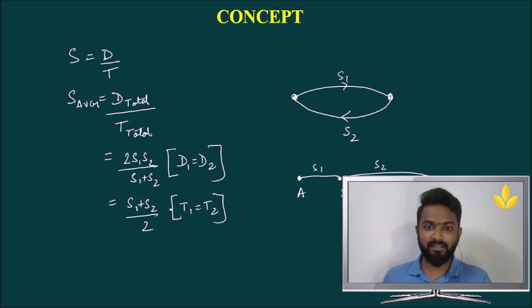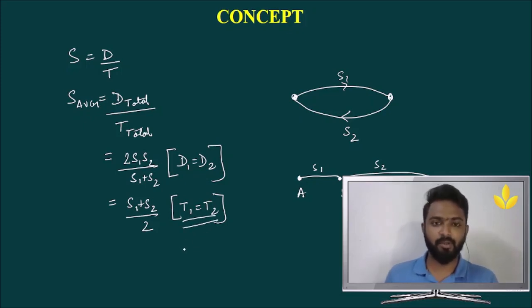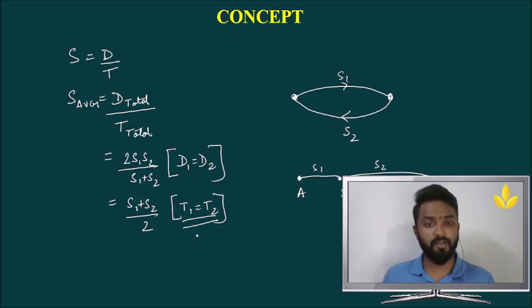In that case, S1 plus S2 by 2 can be used. But this formula can be used only if this condition is satisfied. That's all. So now that we know the concept, let's start with a few questions.